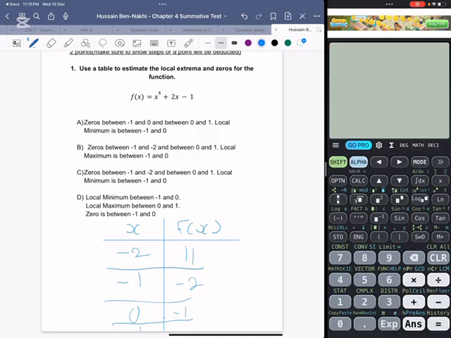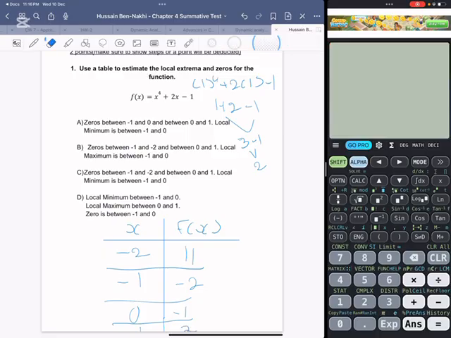It stays like this. 1 to the power of 4 plus 2 times 1 minus 1. So 1 plus 2 minus 1, 3 minus 1 equals 2. So f of x is 2.